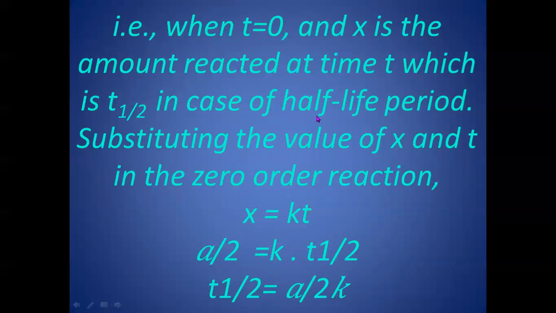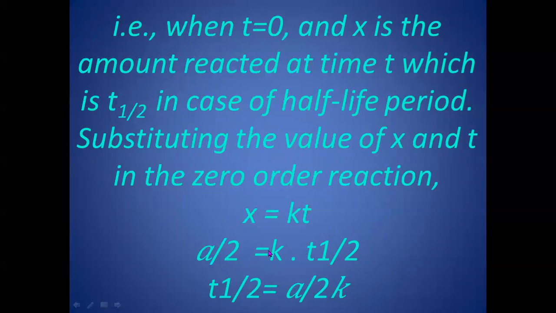In case of half-life period, let us substitute these values in the equation x is equal to kt. In place of x, a by 2, because we need half of the original amount or original concentration. k is constant, t can be written as t half, and we want t half.